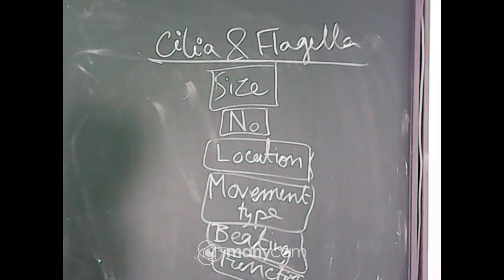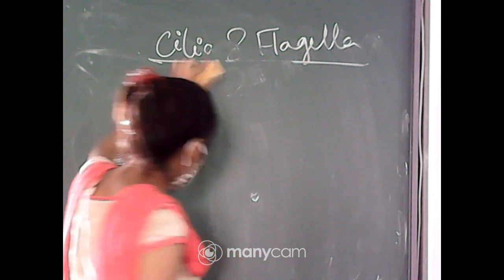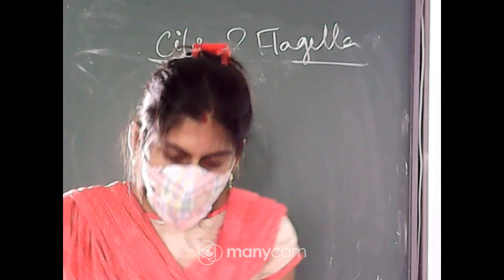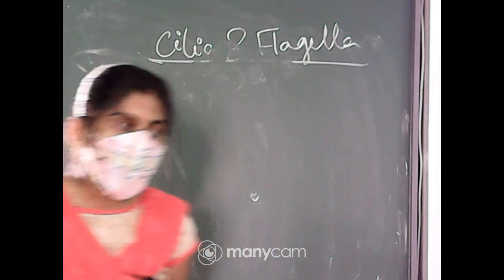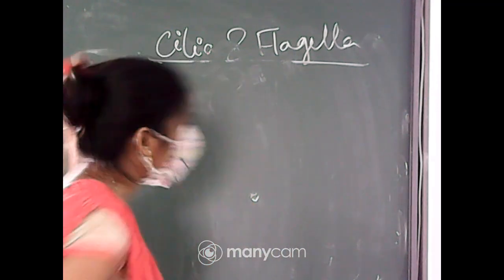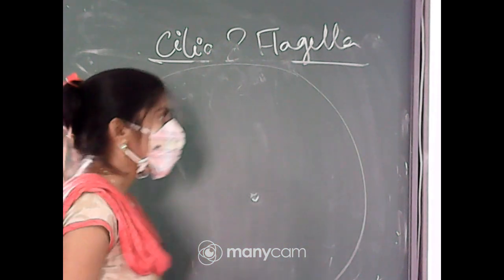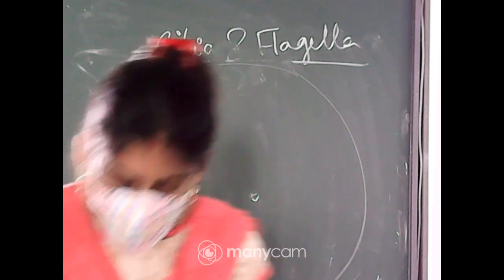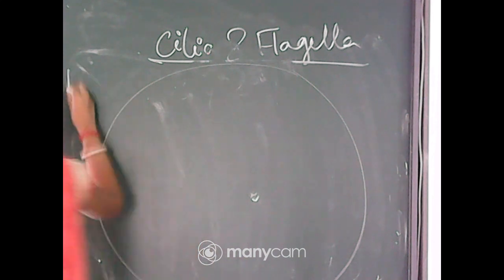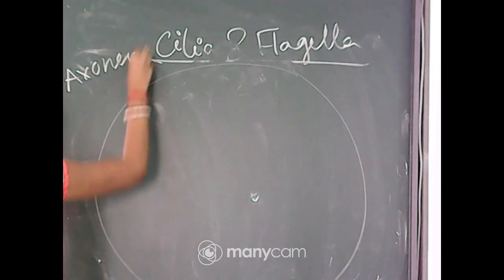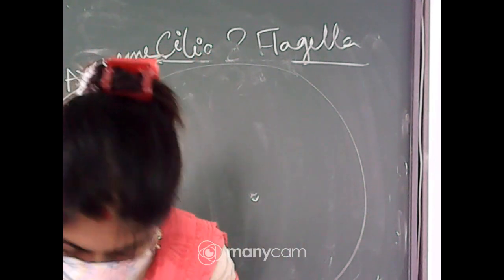Now, I will draw the structure of the cilia and flagella. If I consider the electron microscopic study of a cilium or a flagellum, it shows that it is covered with an outer structure called the plasma membrane, and the inner core part is called the axoneme.